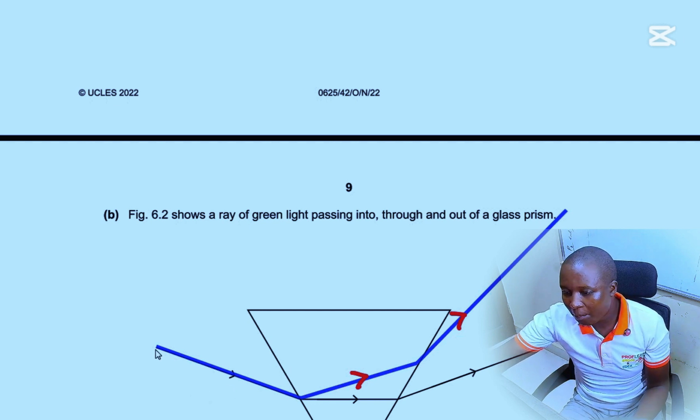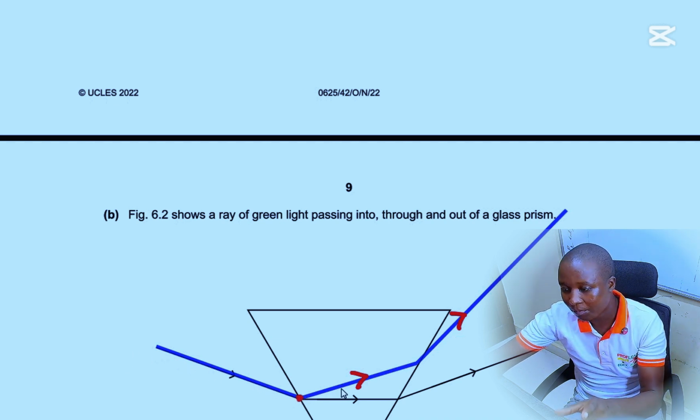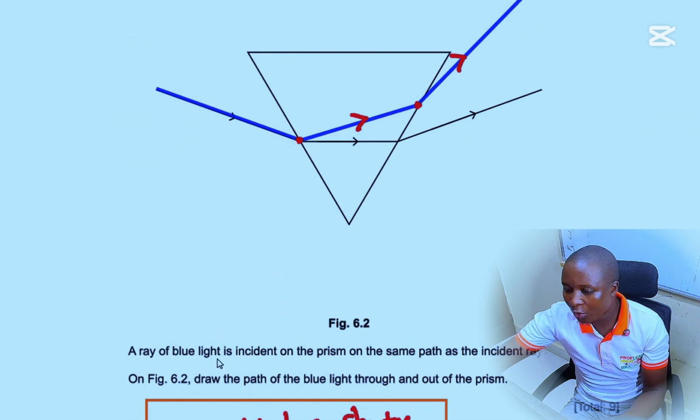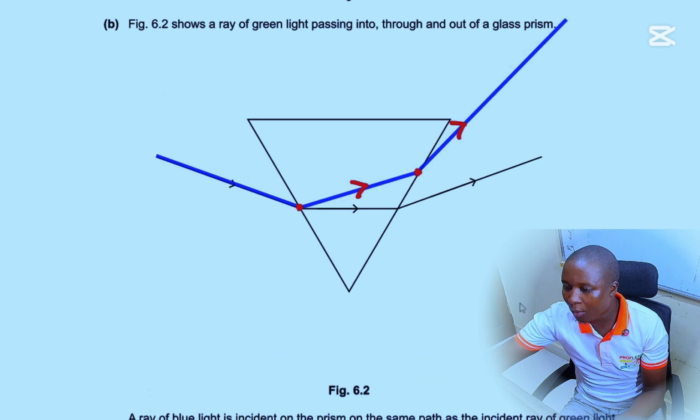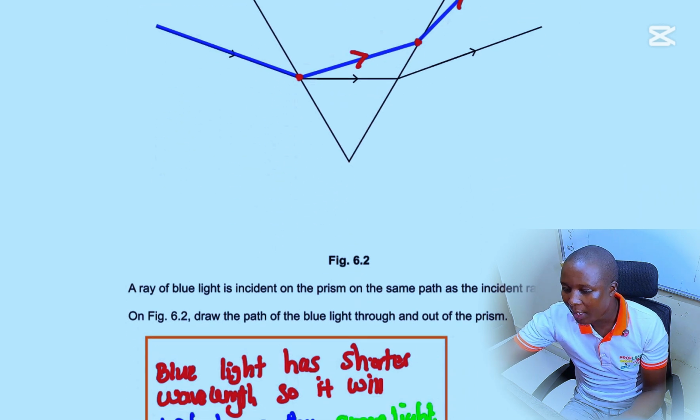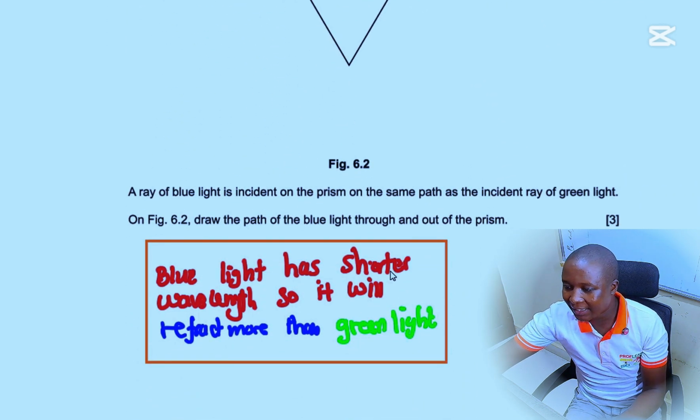If we have green light, it will follow that path, but blue light following the same path at this point will undergo a greater refraction. It will bend more, and at this point also it will bend more. The concept is blue light has a shorter wavelength, so it will refract more than green light.